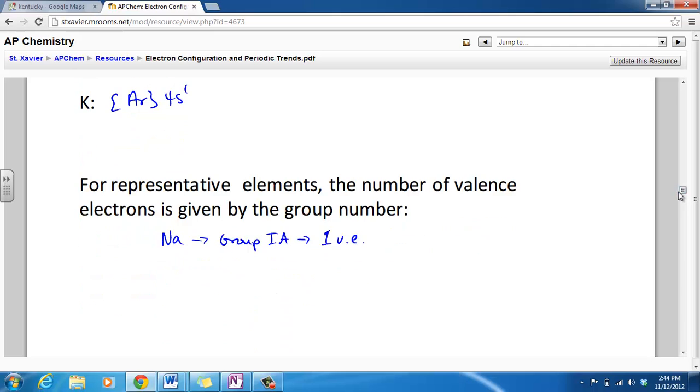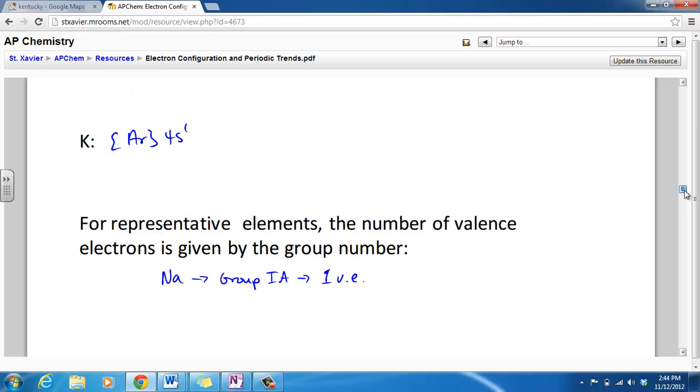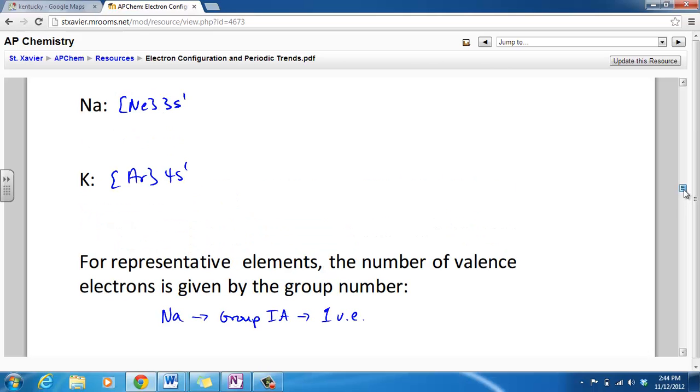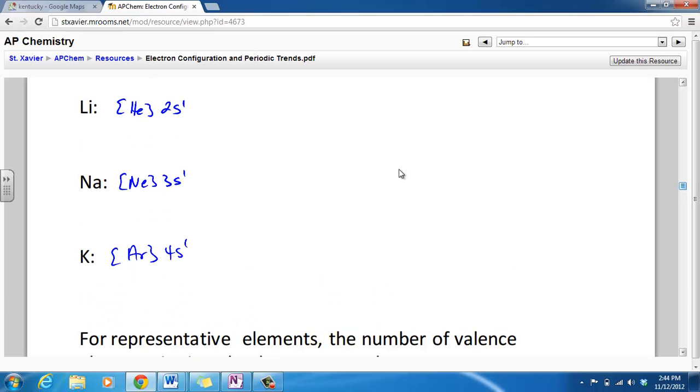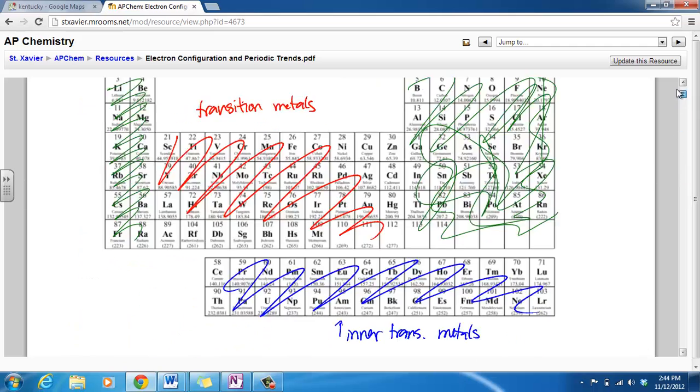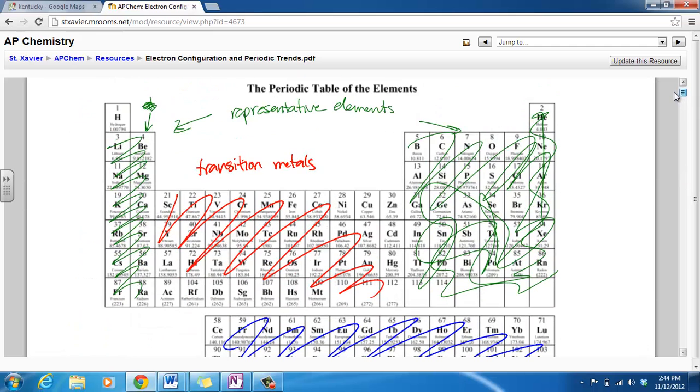Also, a little nomenclature here. For the representative elements, the number of valence electrons, the number of outer electrons, is given by the number of the group. So for sodium, it's in group 1A, and you can see with sodium it has one valence electron. If you were to go with, shoot, I don't have the group numbers here, but this would be the 1A, the 2A, then 3A, 4, 5, 6, 7, 8A.